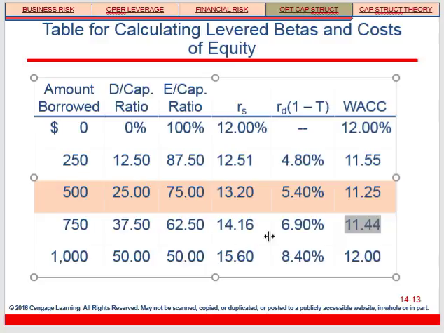So there is a minimal point in weighted average cost of capital which corresponds to the highest point of the stock price, and that is somewhere in between borrowing nothing versus borrowing pretty much everything you can. So that lies in the middle. The curve is literally a U-shaped curve.